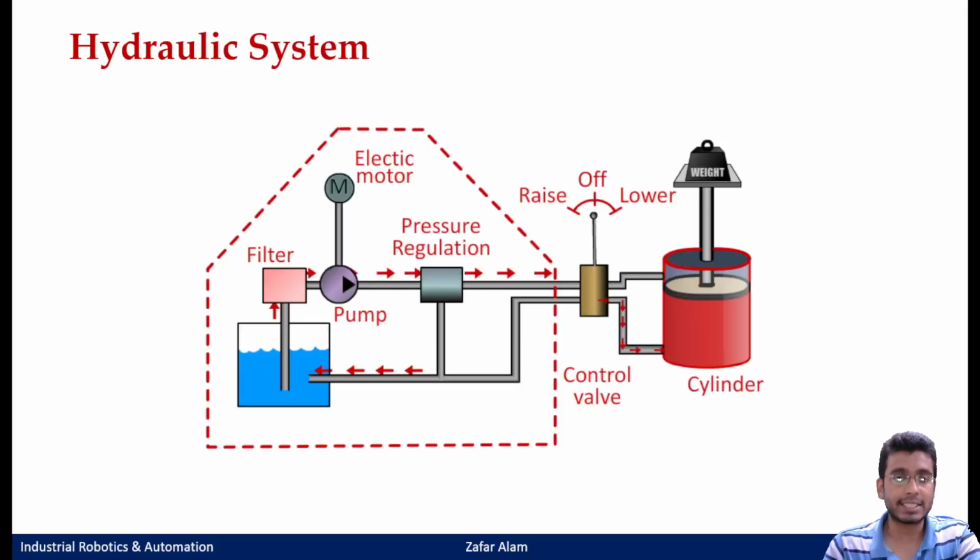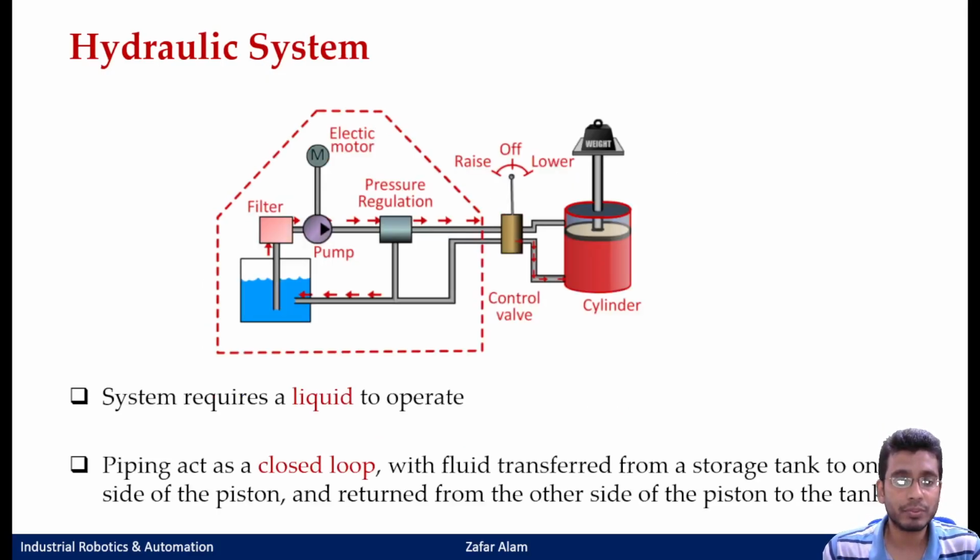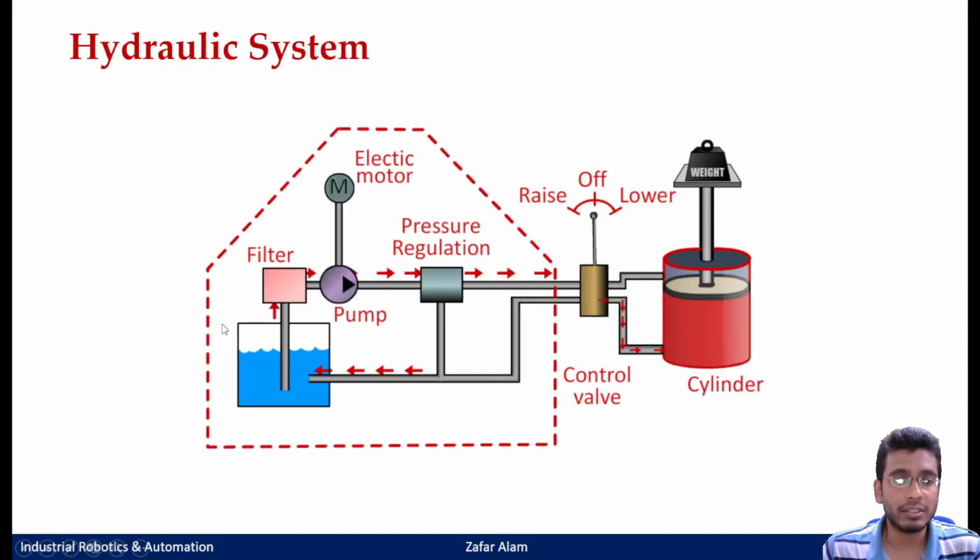So what are the components that make up your hydraulic system? If you see here, there is a reservoir, the blue color that is here. You have your filter, and from the filter this liquid is pumped. So this is a pump, and what drives the pump?